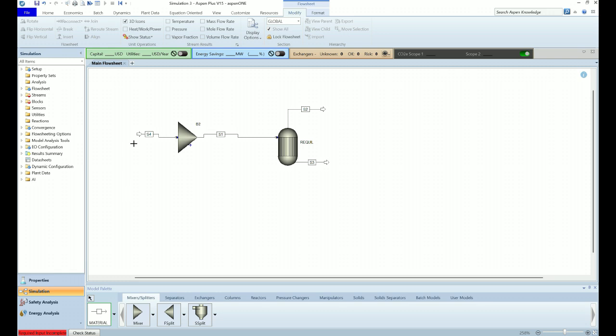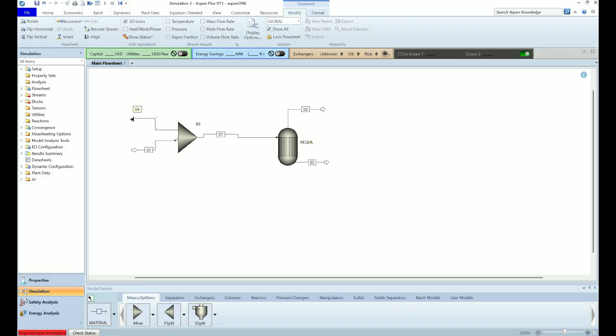So that's why we're going to use a mixer here, because our operating conditions for the reactants are different. So just check if you have this model present in mixer splitter. Select mixer for mixing streams previous to the feed of the reactor.